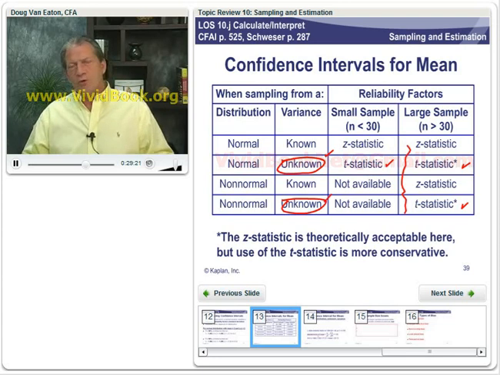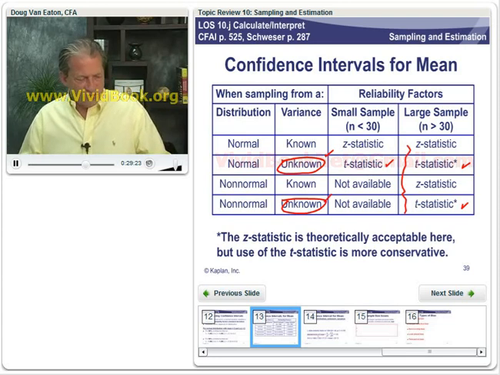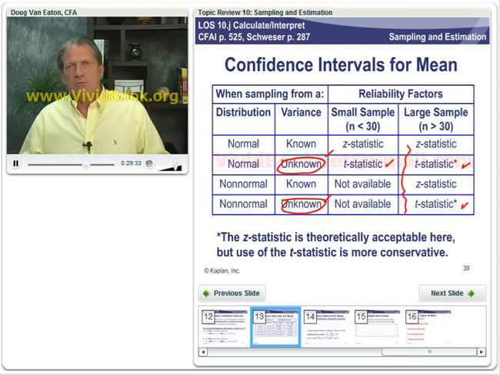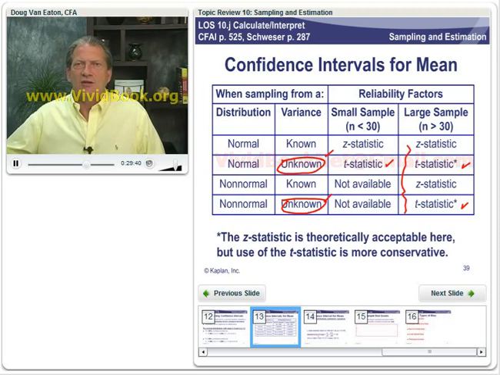Now, some of you are wondering, well, when are we going to know the true variance? Well, not too darn often, as it turns out. We hardly ever know the truth. We're always looking at samples and estimates. So this is very common in the statistical tests that we'll run into. And lastly, you can use the z statistic for a normal distribution and a small sample size if your variance is known.